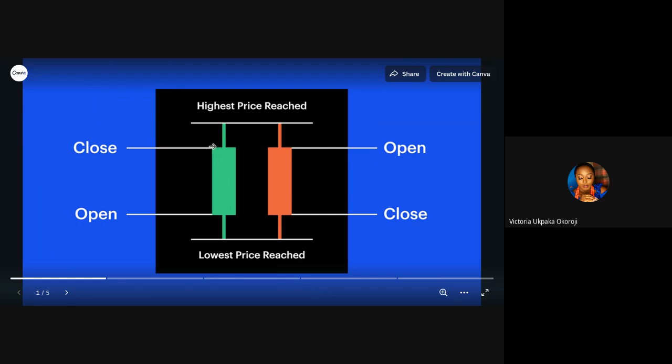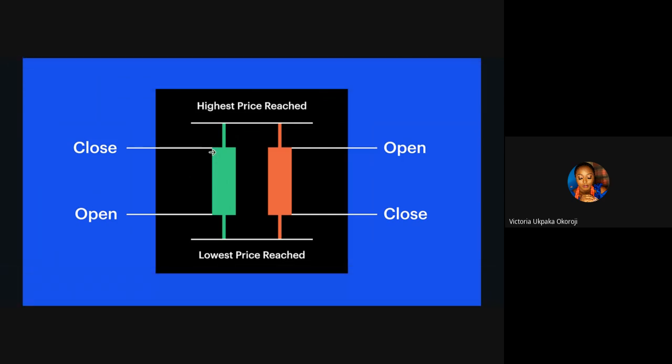And then the top of the long part determines whether the price opened or closed. So if it's green, it starts from the bottom, climbs up, and then it may spike and come down, settle and close, and move to the next time frame.